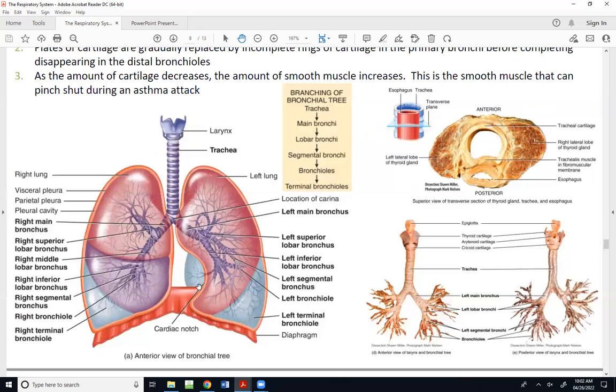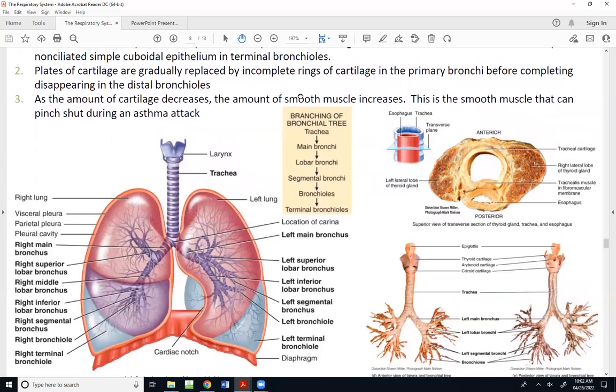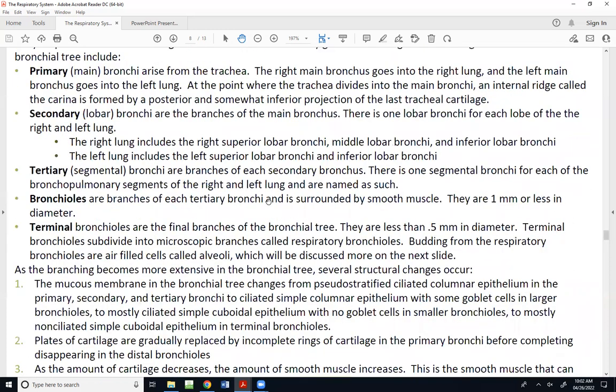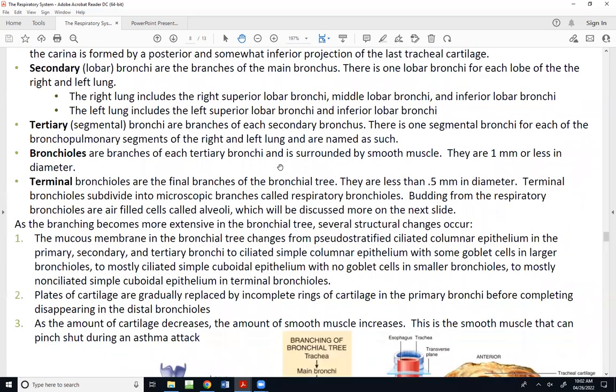Actually, it's not really a structure, but it's an indentation called the cardiac notch. Guess what fits right there in that nice spot? Your heart. Remember, the heart sits to the left of the midline for the most part anyway. About 2/3 of it does. So it actually impinges on the left lung, and therefore the left lung is a little bit smaller.